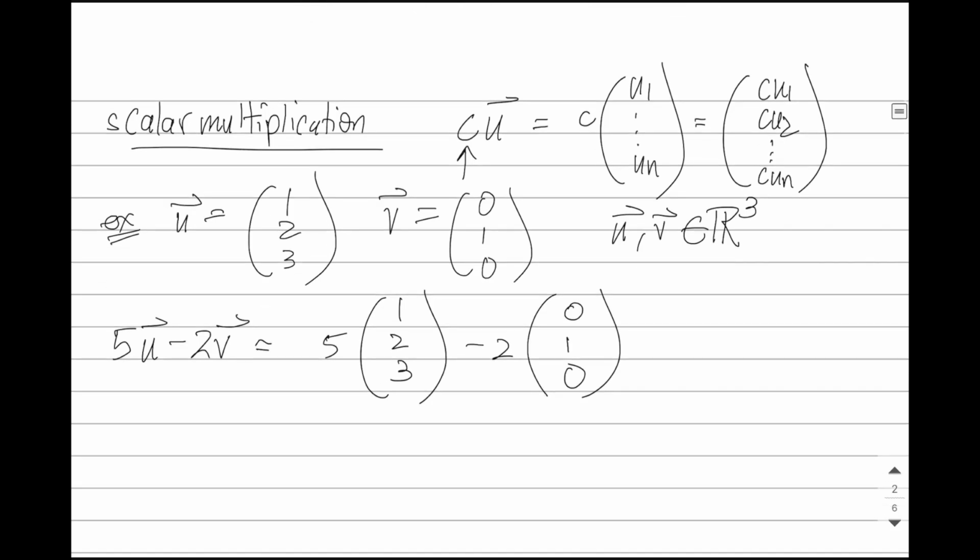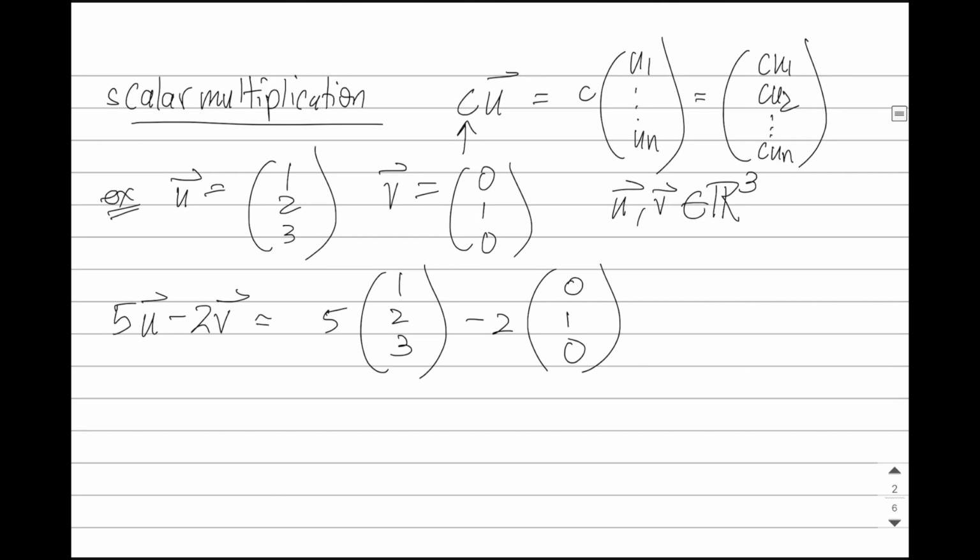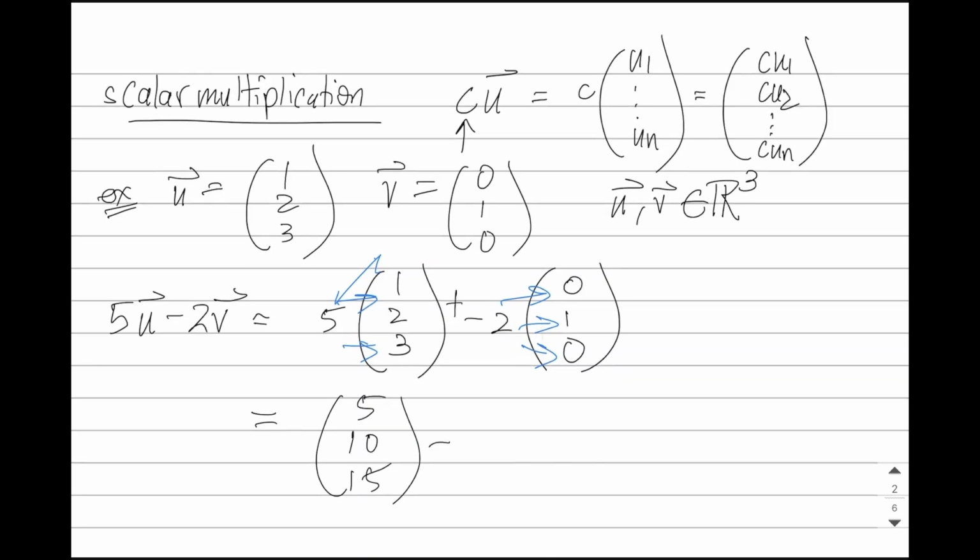That's just what it means in terms of symbols. The first thing that I'm going to do is this scalar multiplication, and that means these values are going to go inside. So I'll have 5, 10, 15. Now with the -2, if we're going to follow our definition, there's a hidden plus sign in here. We'll get 0, -2, and 0. And then by definition of vector addition, this will simply be 5, 8, and 15.